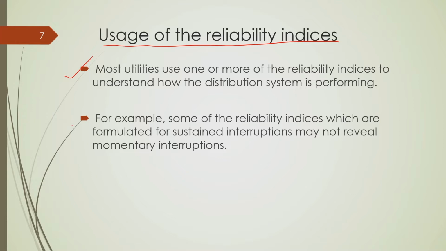There are some indices, as I mentioned, which work for sustained interruption but may not reveal momentary interruption. That is why we have different types of indices, and every index has a significance. Those things I will discuss in the next few slides.